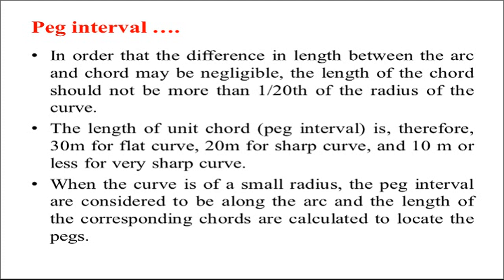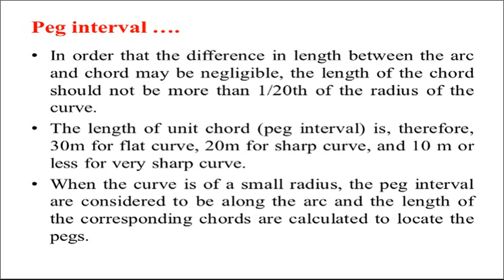The length of unit chord is therefore 30 meter for flat curves, 20 meter for sharp curves, and 10 meter or less for very sharp curves. So depending upon the type of curve, we have to consider the unit length of the chord.